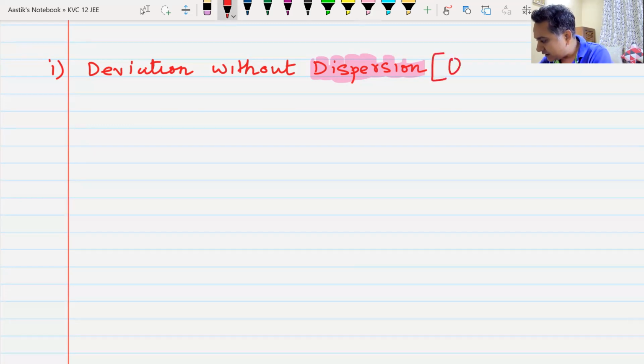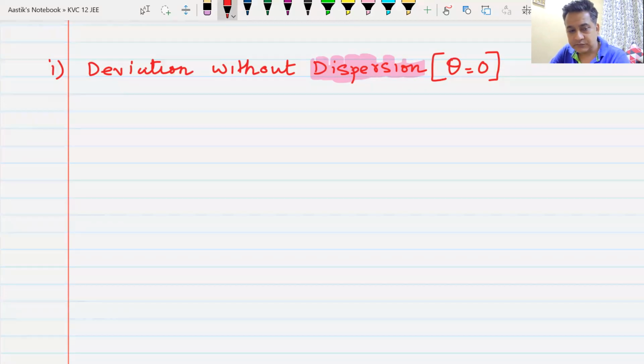Angular dispersion means 0, meaning theta, the angle between what? Theta is the angle between red light and violet light. That has to be 0. Do we understand this? Yes, sir.